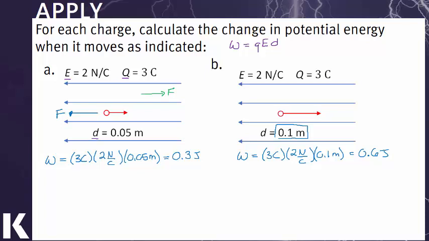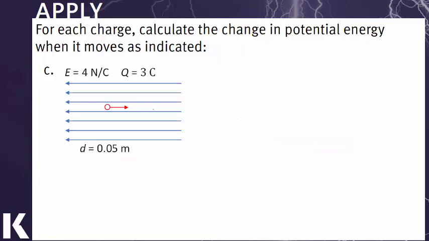Finally, let's look at part C. In part C, we have twice the electric field as we saw in part A. So we would expect to see double the increase in potential energy as we saw in part A. Now, if we consider the force, again, we have a positive charge, so our force would also be pointing to the left. That would be our electrostatic force.